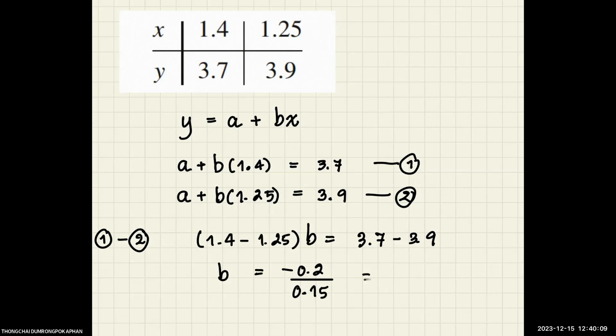So you can continue finding the value of a.